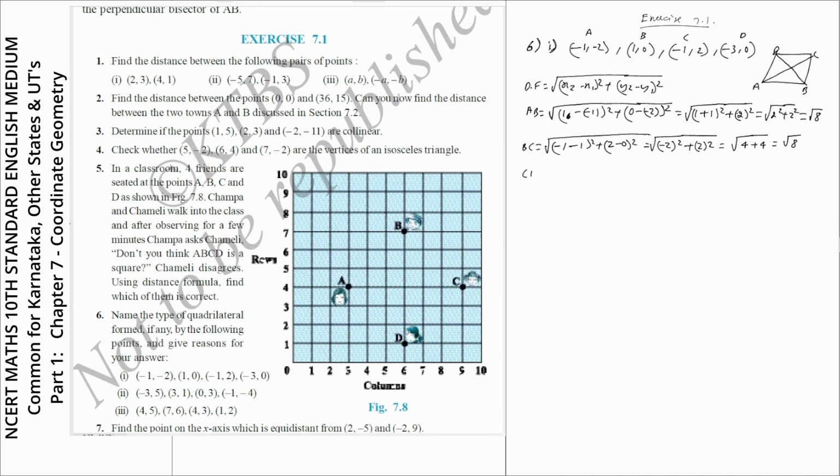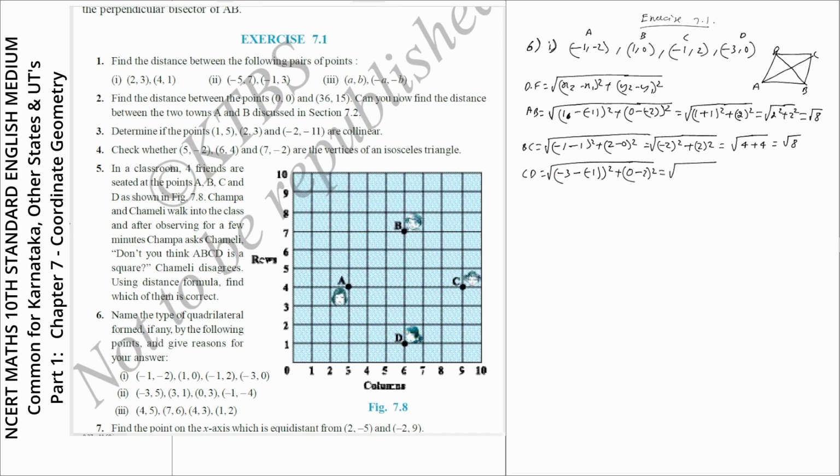Now what is CD? CD is equal to square root of (x2 minus x1) the whole square, that is (minus 3 minus of minus 1) the whole square, plus (y2 minus y1) the whole square, that is (0 minus 2) the whole square.